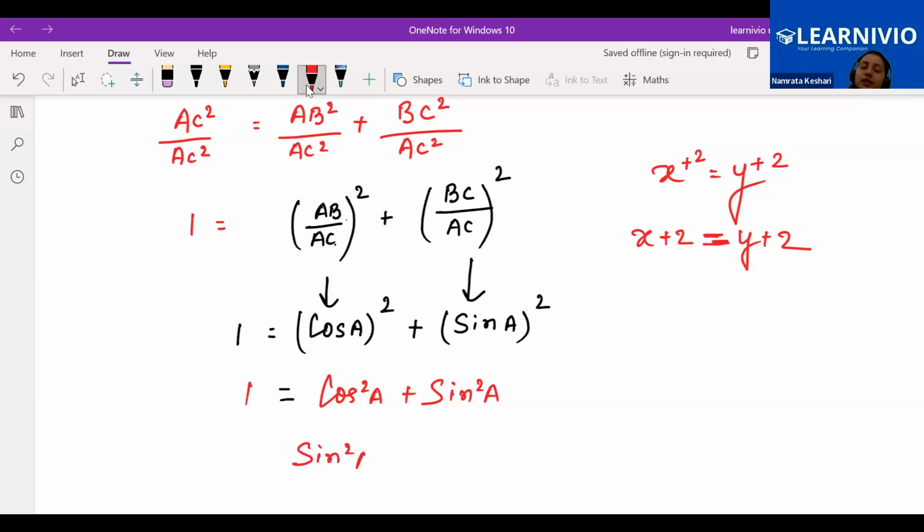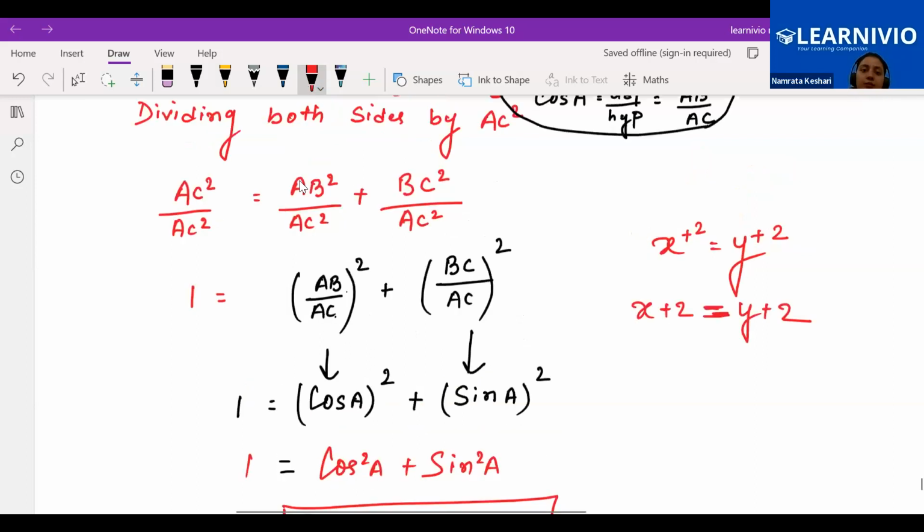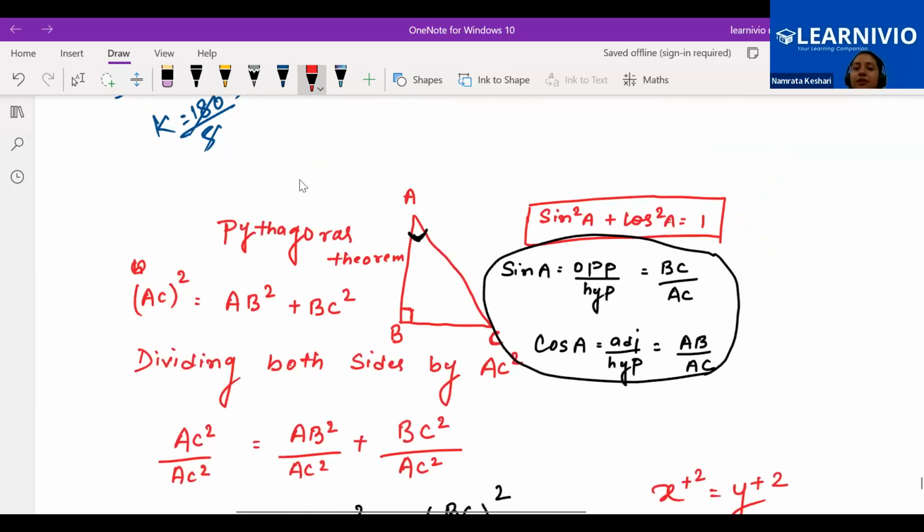Let's summarize the steps. We have a right angle triangle where AC square is equal to AB square plus BC square. We have written the Pythagoras theorem. Now we are keeping our eye on the identity, and in the identity, one of the sides is 1.